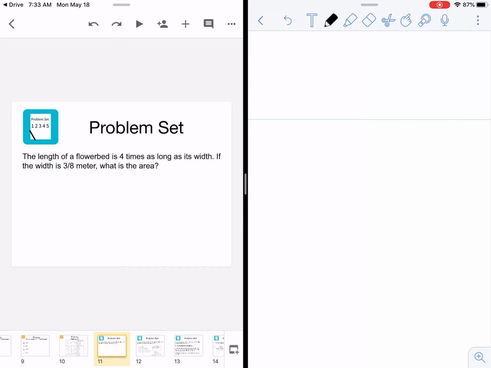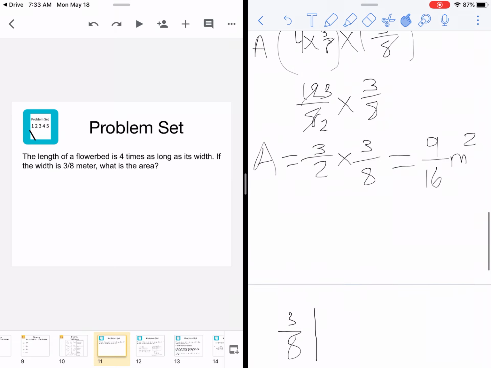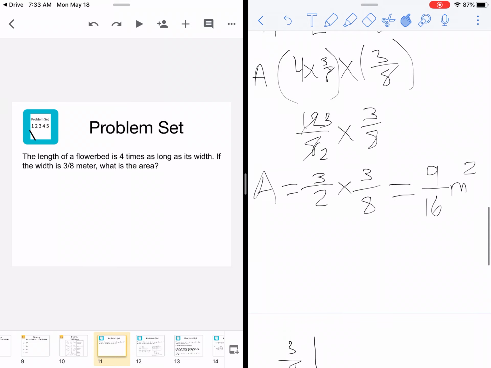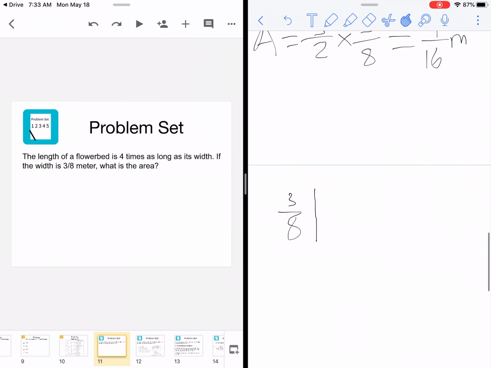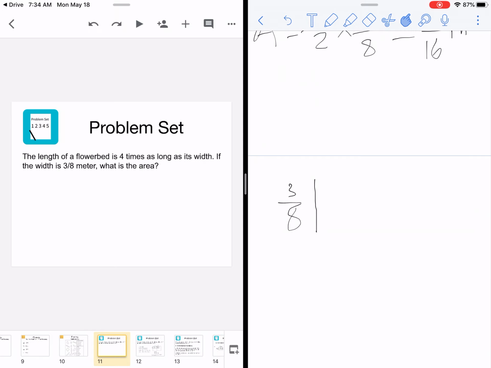So we know our width is 3/8. And we know that our length is 12/8 or 3 halves. 3 halves is the same as 1 1/2.